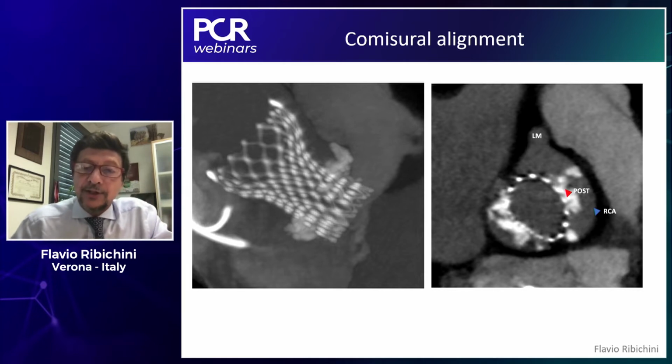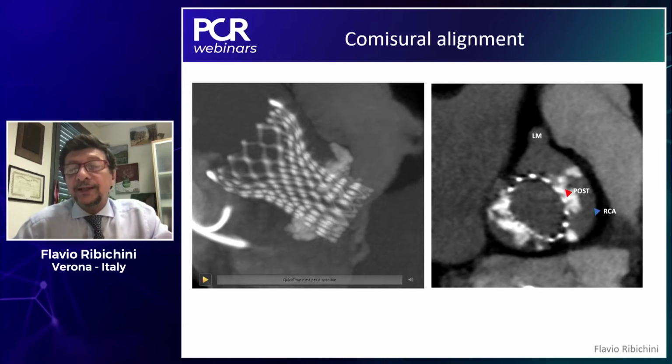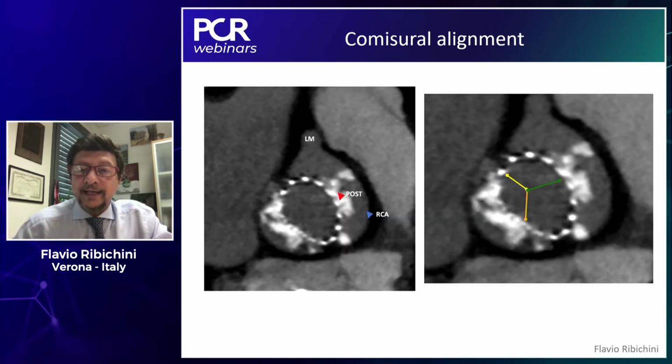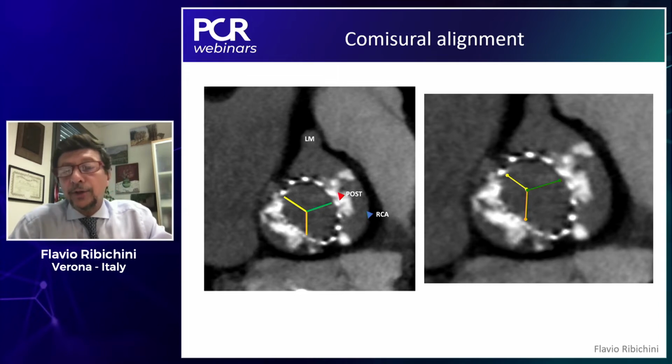Please click on the image and you will see the origin of the right coronary on the right picture and the left main on the right picture, and you see that the orientation of the posts are perfectly aligned to the origin of the two coronary arteries. Next one. This gives you, again, a detail. Next one. And here you have, again, a demonstration of a good alignment. This is what we call a good orientation of the posts and the commissures compared to the origin of the artery. Next one.